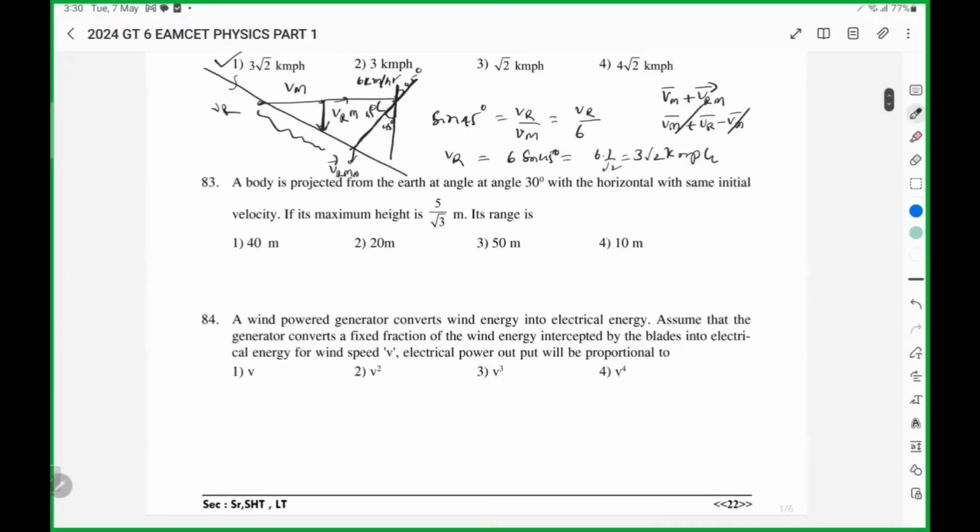The body is projected from the earth at an angle with some initial velocity. The maximum height is u square sin square theta by 2g. Projected at an angle of 30 degrees with the horizontal, so u square sin square 30 is u square by 4 into 2g.